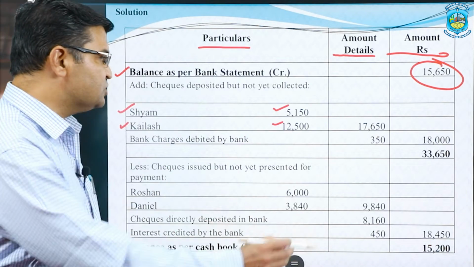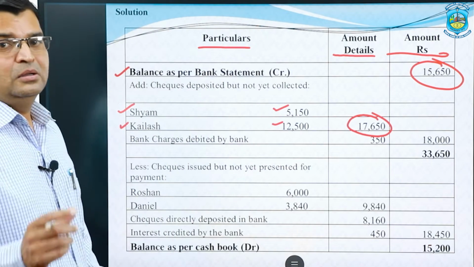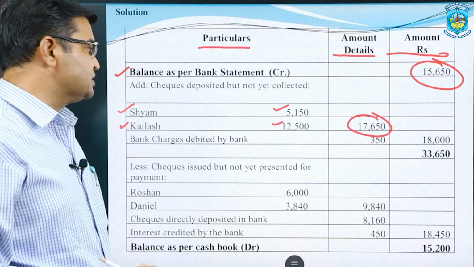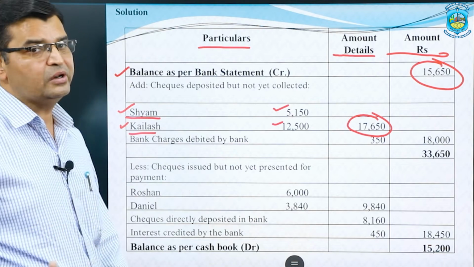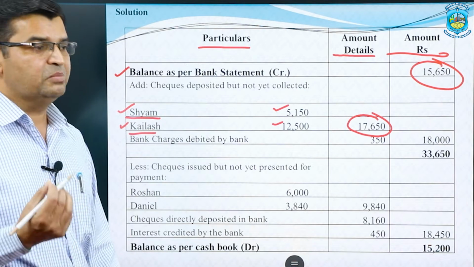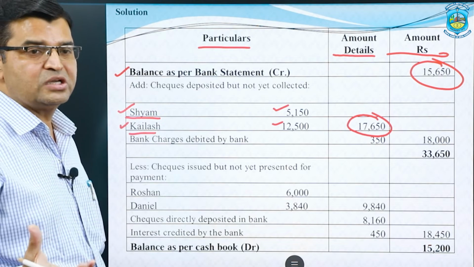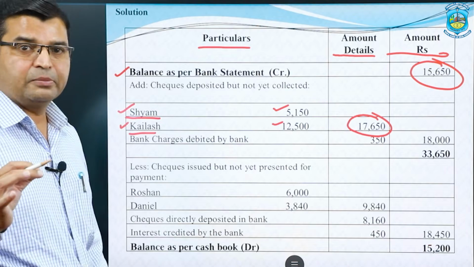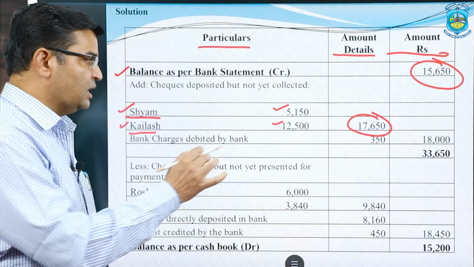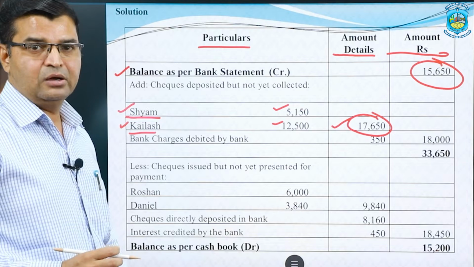Once we received these checks, we must have increased our cash book proportionately, but these checks have not been collected by the bank. Therefore this amount has not been recorded in the bank account.